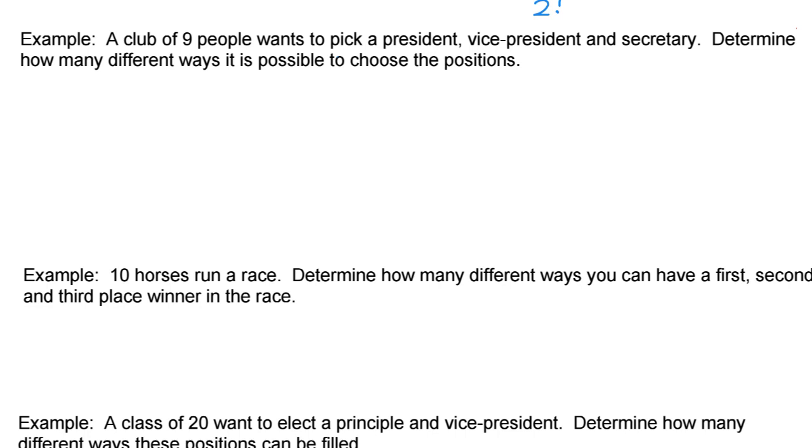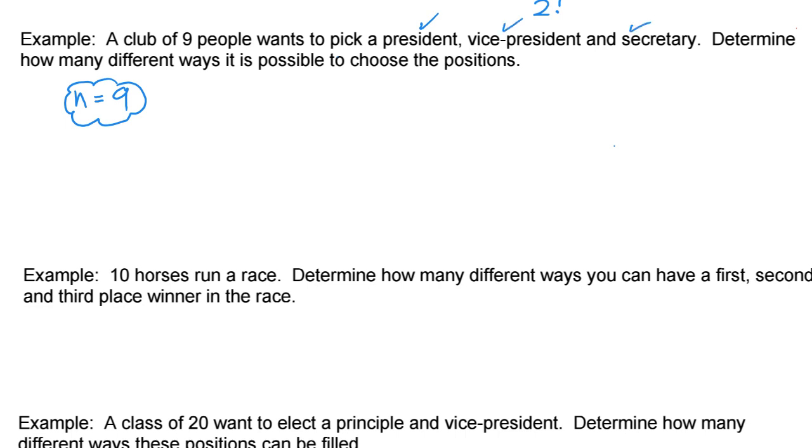Looking at the club of 9 people, that tells us that for our arrangements, we're going to start with n is 9. Now we need to know that we have 3 things to choose, because we have a president, a vice president, and a secretary.